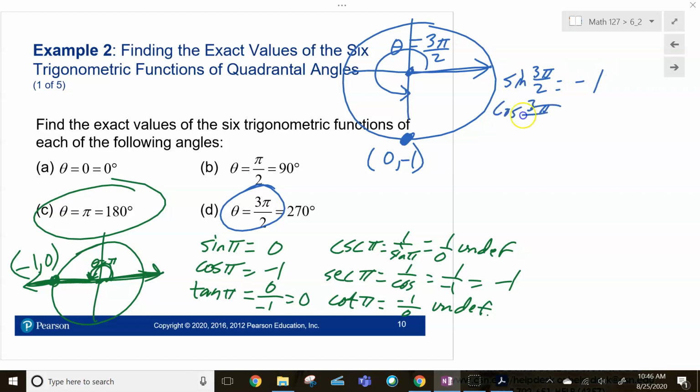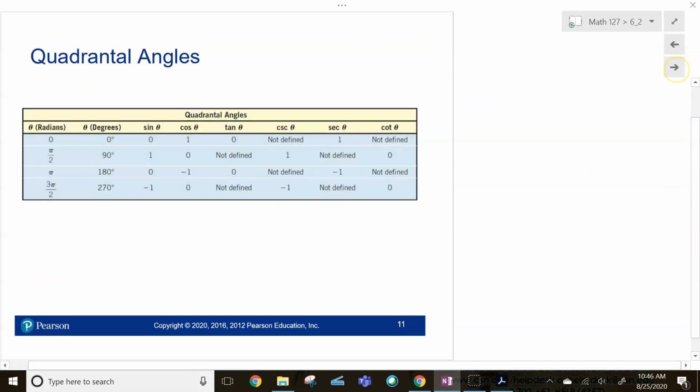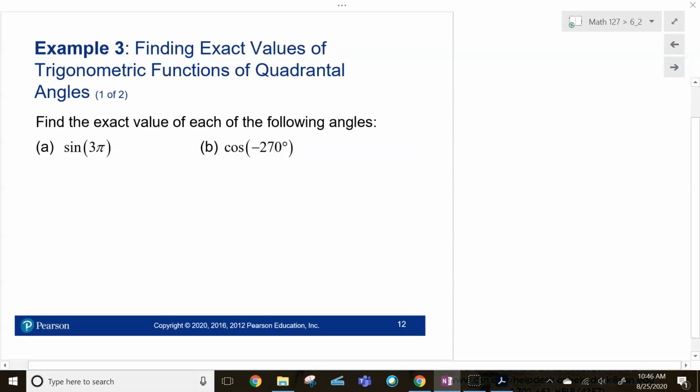Cosine of 3 pi halves would then be the x value. Tangent, sine over cosine, is undefined, and then again go through the reciprocals for the rest of those. Okay, here's just a summary of those quadrant angles that we went through there.